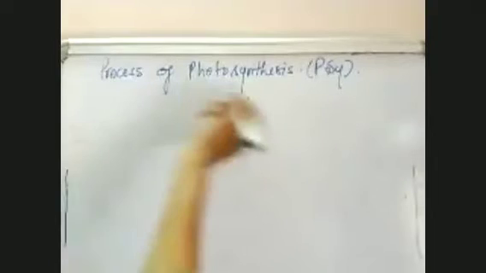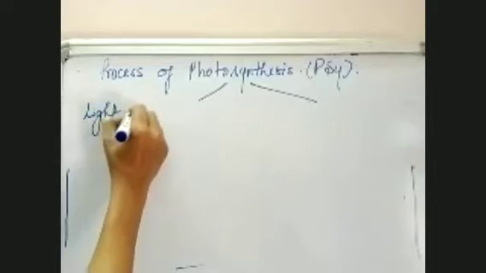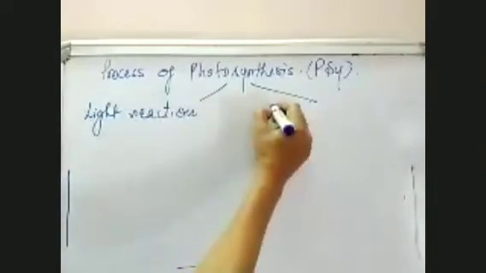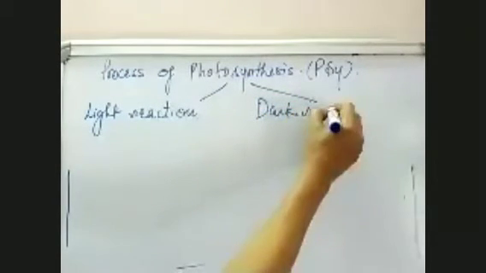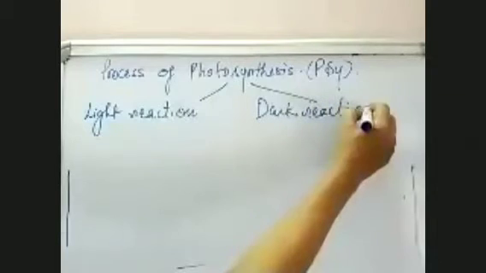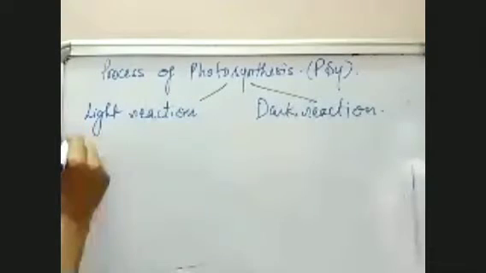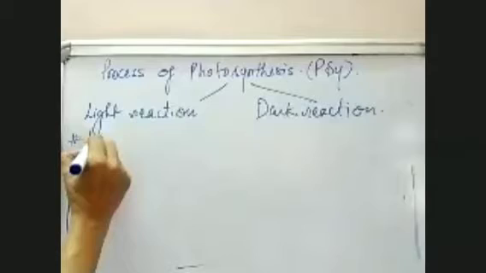The photosynthesis is divided into two parts. One is light reaction, and the other one is dark reaction. The light reaction is light dependent.